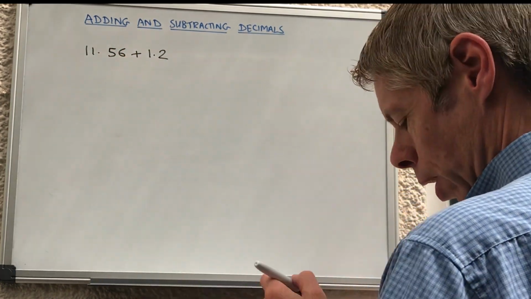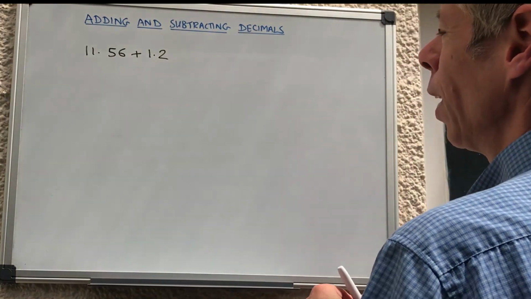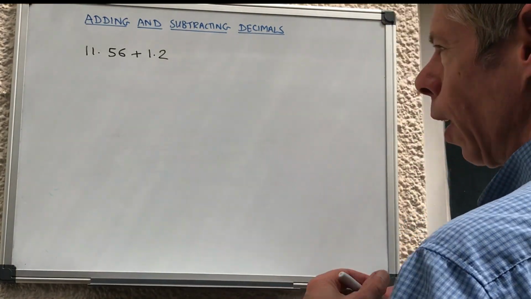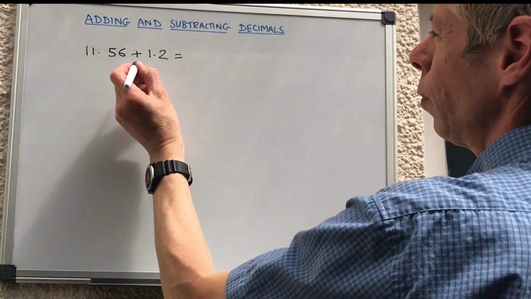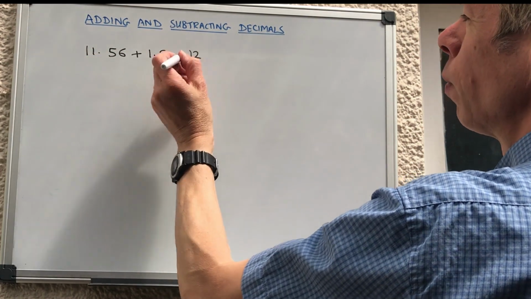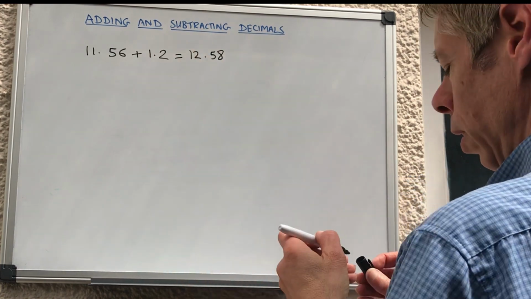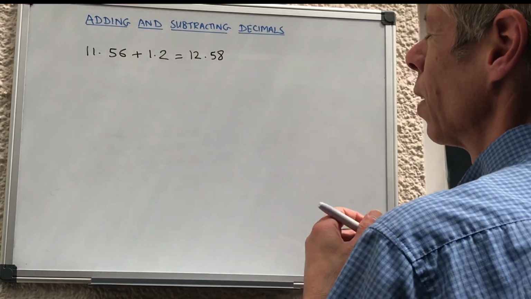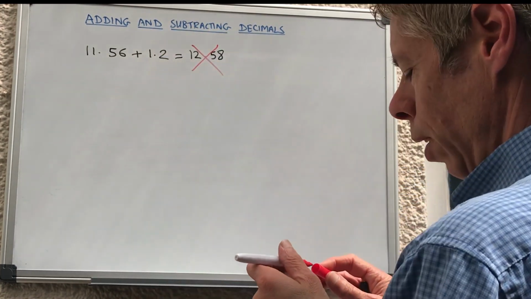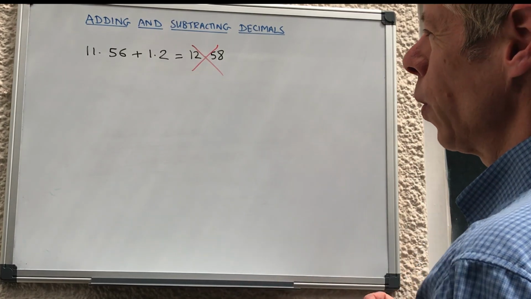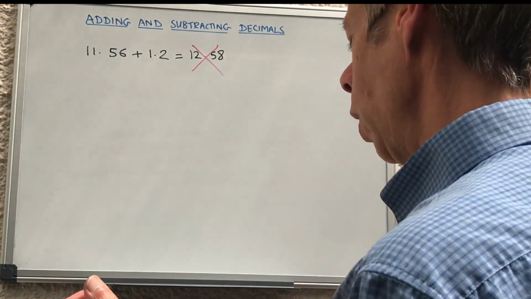Some people would say, oh, that must be, right, 11 plus 1, 12. 56 plus 2 is 58. 12.58.